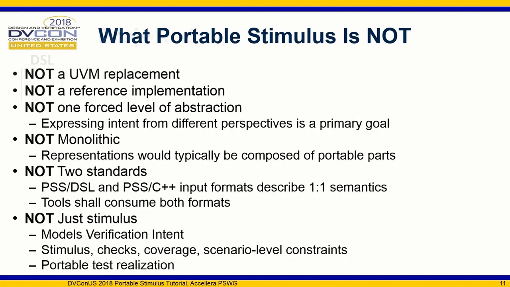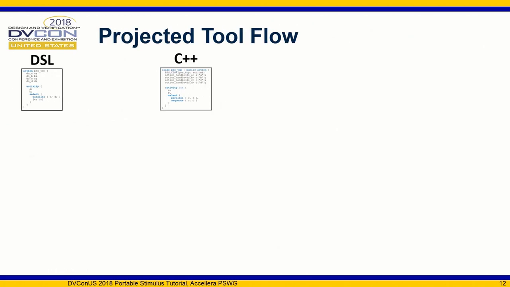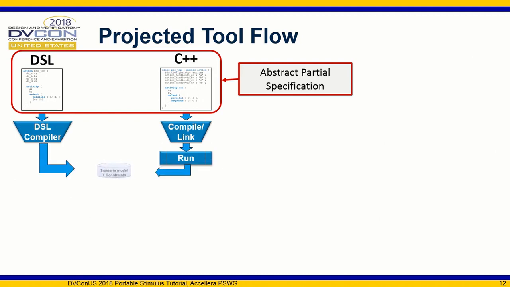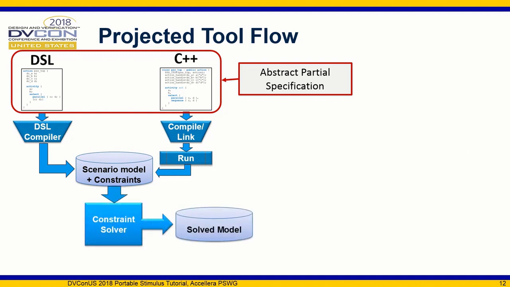So the projected tool flow: you're going to describe either DSL or C++, whatever input flavor you choose. That's your abstract partial specification. We'll talk about what that means. You're going to compile the DSL, or you're going to run your C++ code to create this scenario model and a set of constraints for it that the tool will then use to solve to create your model.